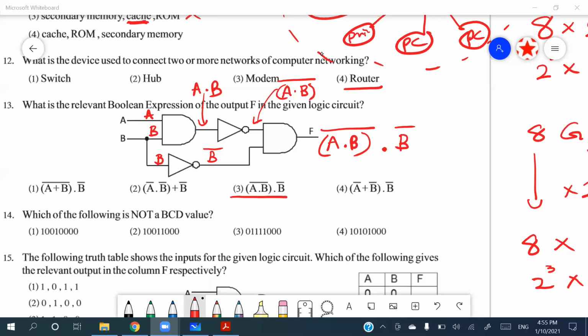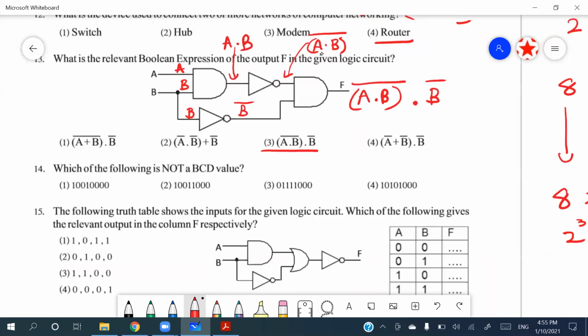Right. Then the 14th one: which of the following is not a BCD value? BCD is the first data representation method that we learn, using 4-bit representation for a particular character, used only to represent the numbers from 0 to 9, right? So when you are given such a question, what you have to do is first divide the number into groups which have 4 bits.